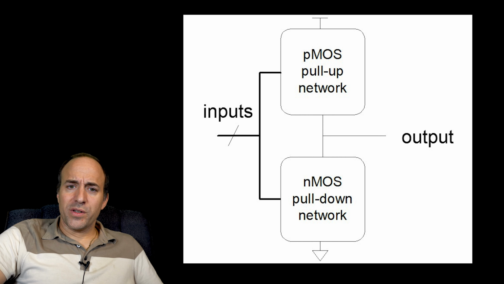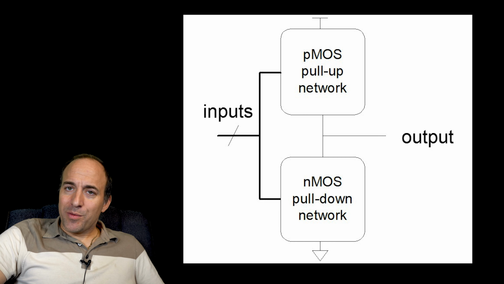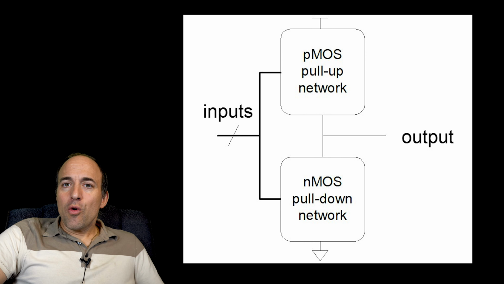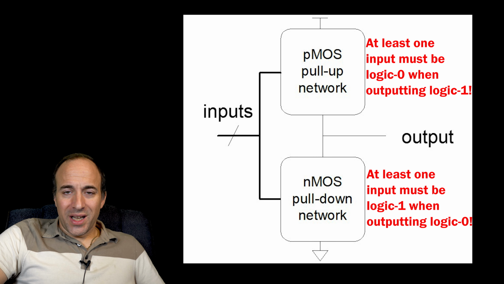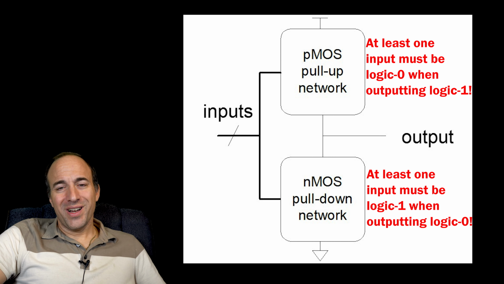If the P-type transistors are responsible for setting the output to 1, and the P-type transistors only turn on when their gate input is 0, that means that no logic gate can ever output a 1 unless at least one of its inputs is 0, right?